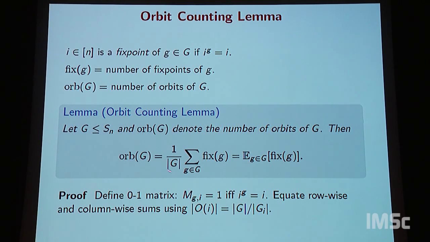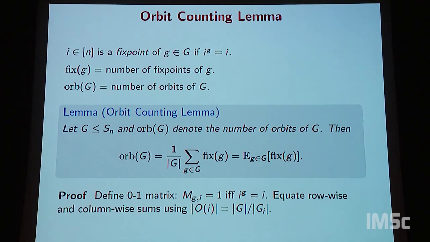The summation of 1 by the cardinality of the orbits over different points is just the number of orbits. That's because for all the points on the same orbit, you get the same 1 by the cardinality of the orbit of i. That will add up to 1, and that will account for 1 orbit. So it will count just the number of orbits, and I can bring the cardinality of G into the denominator. So, simple rearranging of terms.